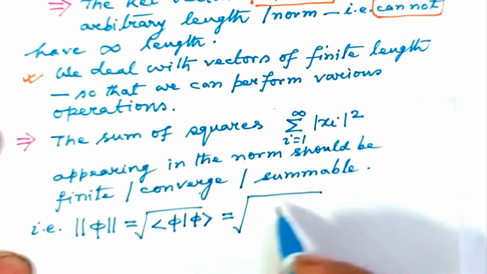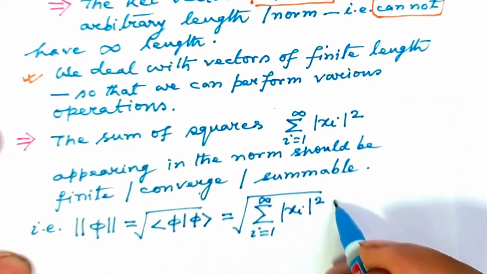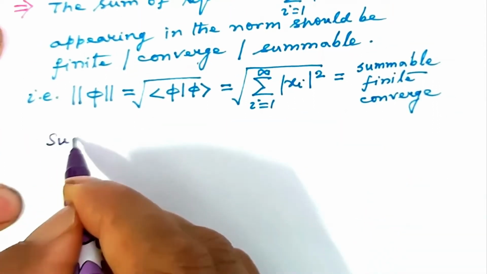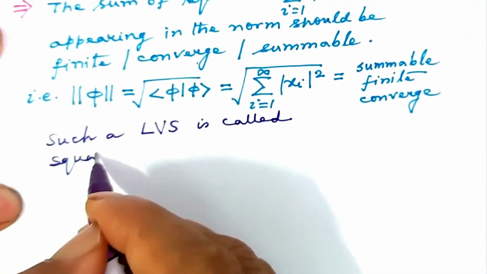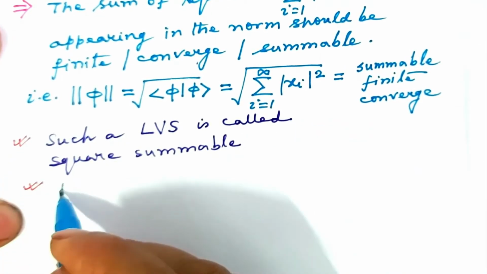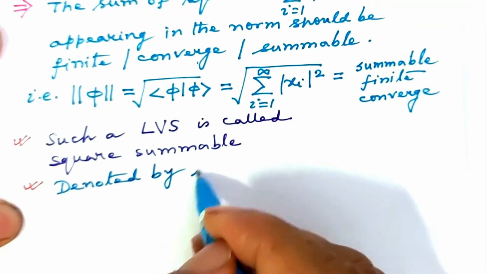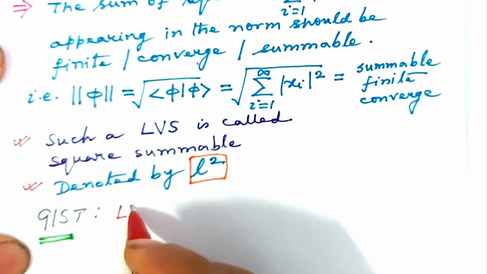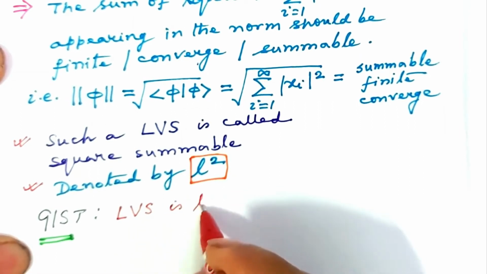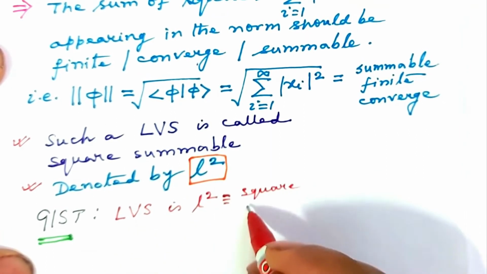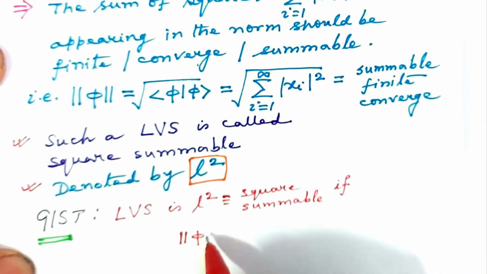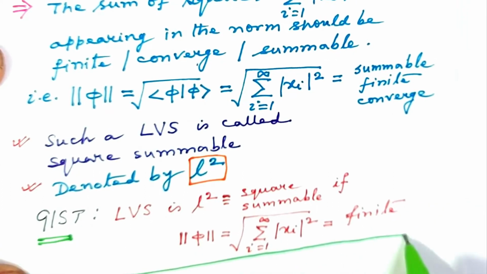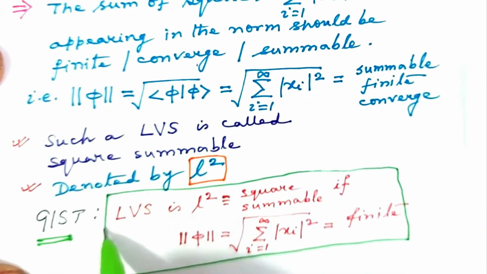That is, the norm should be, let us write it clearly, summable, finite, should converge. Such a linear vector space is called square summable, and the linear vector space is denoted by small l square. Let us make a gist. Linear vector space is denoted by small l square and called square summable if the norm of a ket vector is finite, even if it involves an infinite series sum.